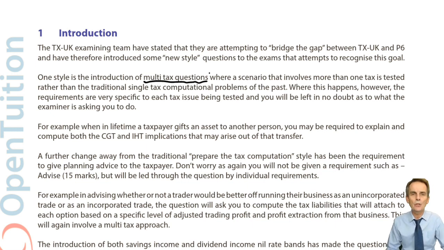But I did introduce the idea of moving ownership of an asset in full or in part from one spouse to another, that when you move an asset from one taxpayer to another, you do have to consider other taxes. Those two taxes being the capital taxes, capital gains tax and inheritance tax.